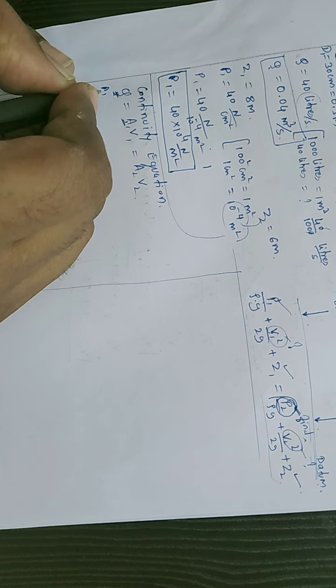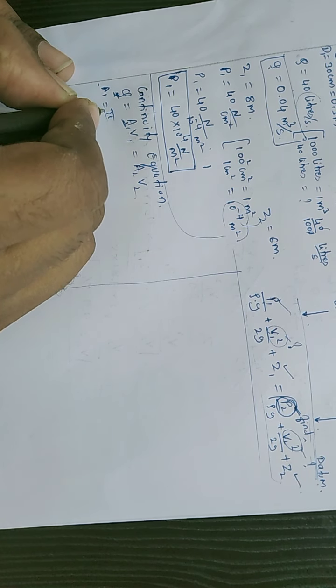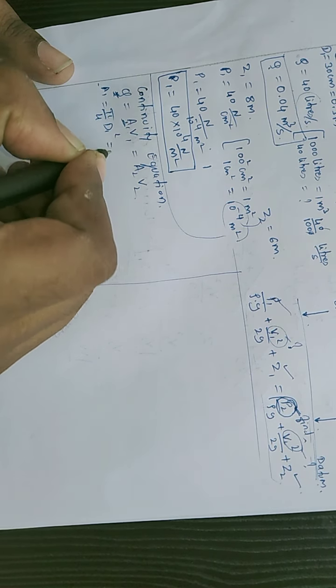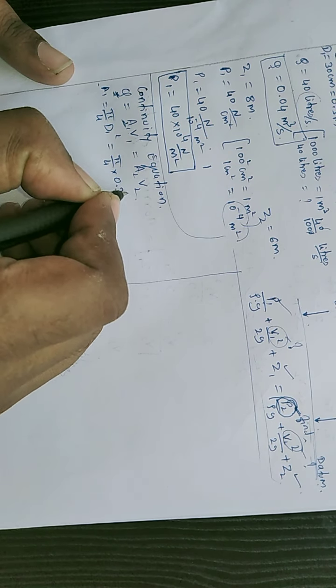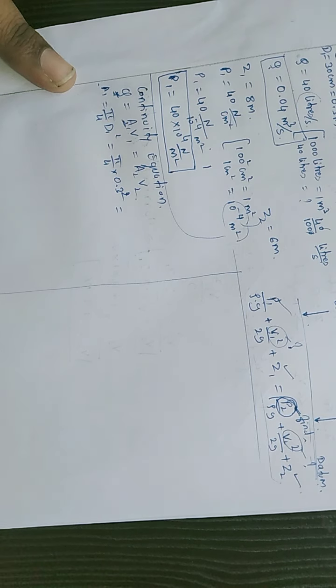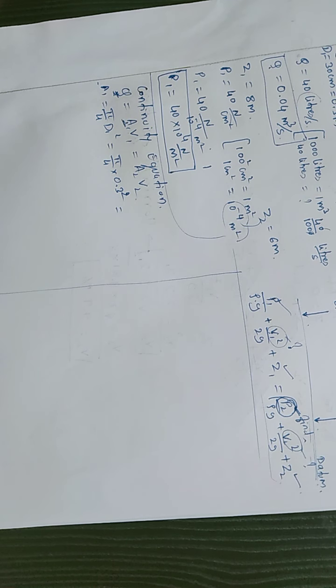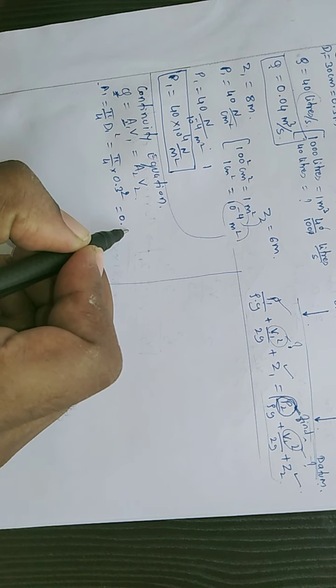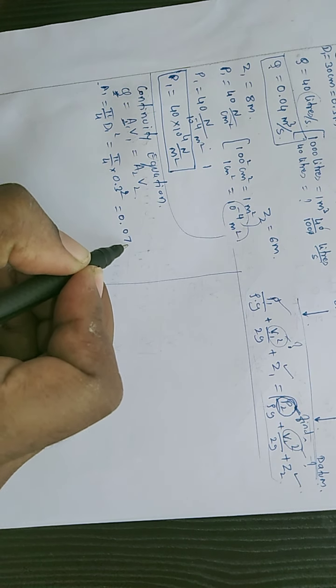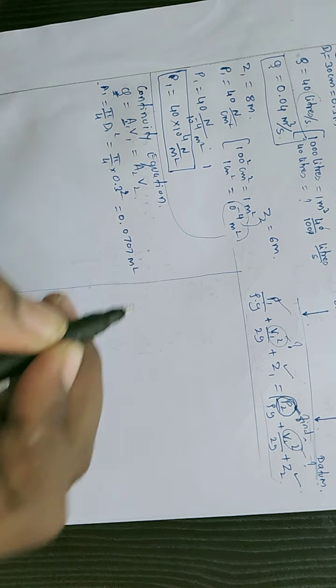So what is A1? A1 is nothing but pi by 4 D1 square. D1 is 0.3, squared. So how much does it come out? 0.0707 meter square.